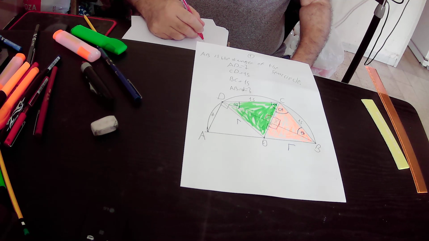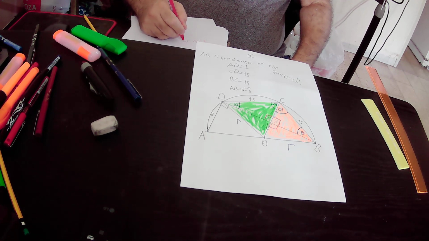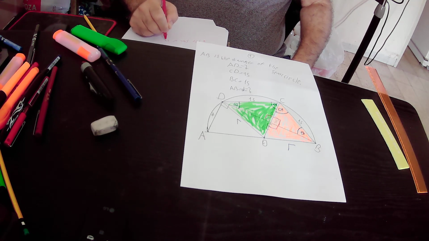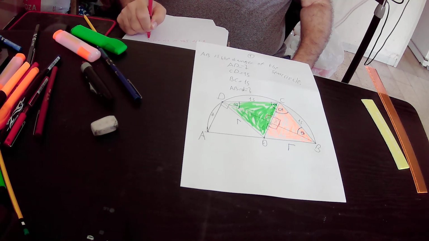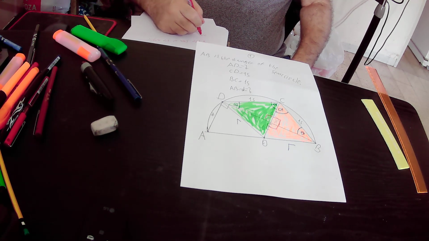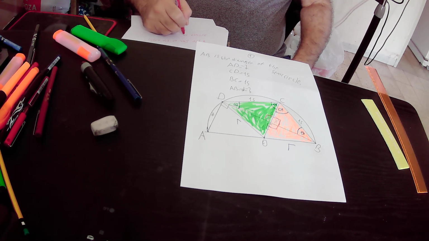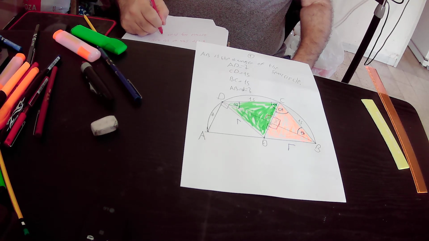The sum of the angles around any point is equal to 360 degrees.